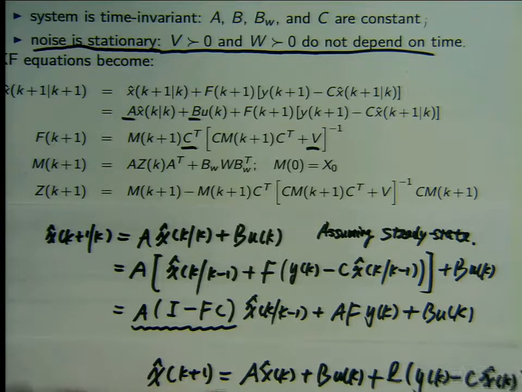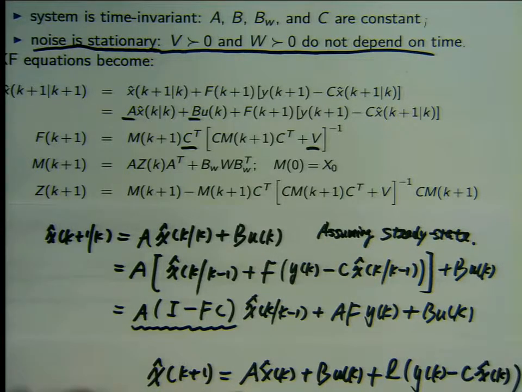You see, recall in any kind of standard observer, the dynamics is going to be A minus L C times x hat k plus something related to y and then something related to u.